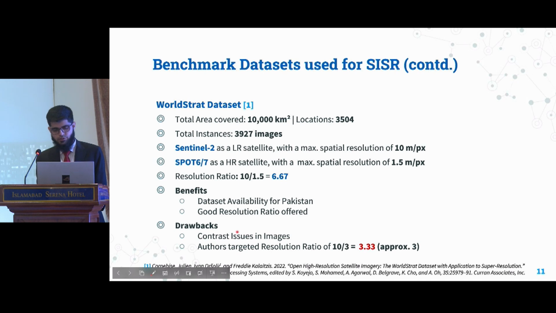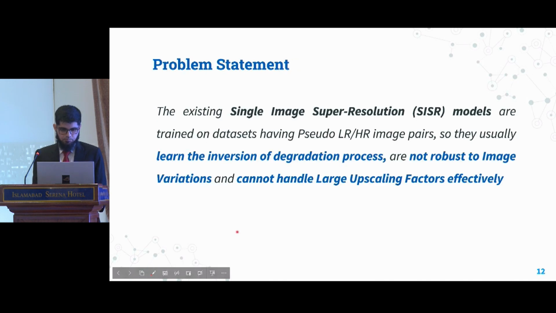And the original authors of this paper targeted a scale factor of only 3. So the problem here is that existing single image super resolution models are trained on datasets having pseudo LR-HR image pairs, and they usually learn the inversion of the degradation process, are not robust to image variations, and cannot handle large upscaling factors effectively.